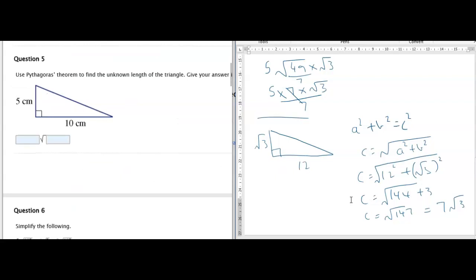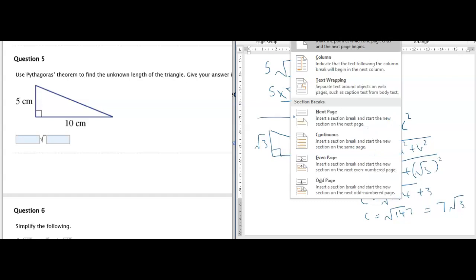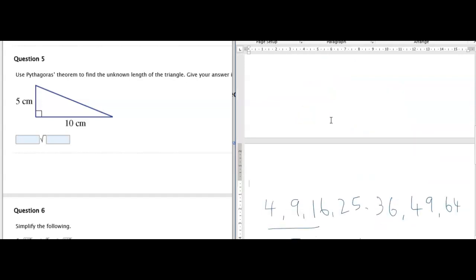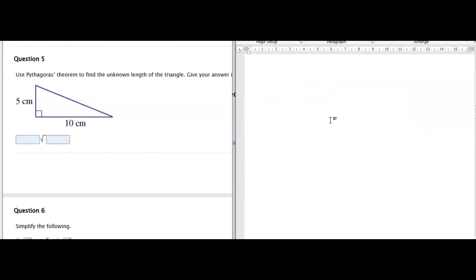All right, question 5. I think I've run out of room, so let me just quickly add a page. We're using Pythagoras again. We've got 5 and 10. Your unknown side is the square root of 5 squared plus 10 squared.